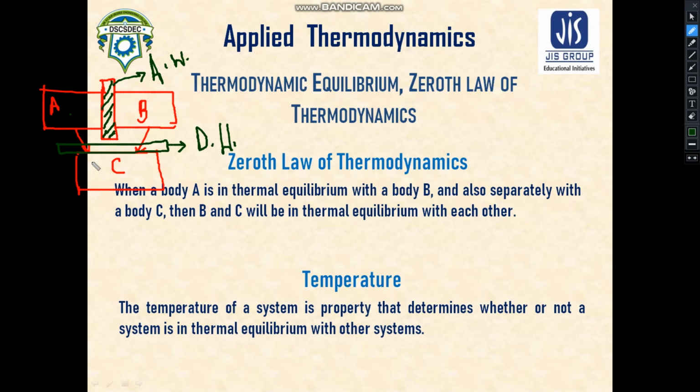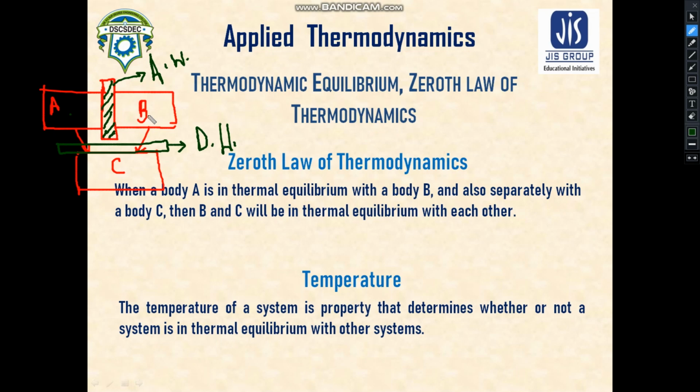So what will happen? Both systems will obviously interact with C, and after some time this system and this system will reach an equilibrium state.